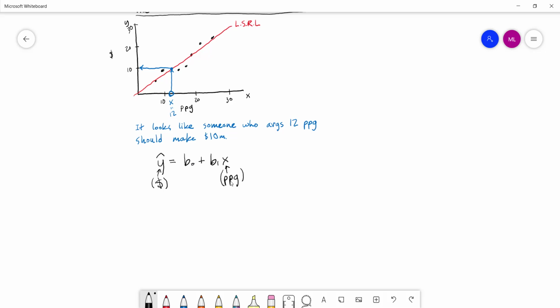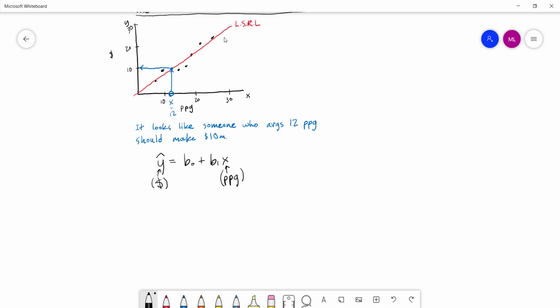When we know the person makes 12 points per game, we plug it into the formula, and the formula will spit out a predicted value, in this case $10 million. I'm not going to guess at what b0 and b1 were here. We didn't find them yet. But I will do an example like this with real data using a calculator and or Excel coming up.